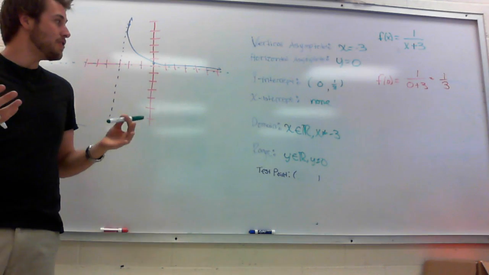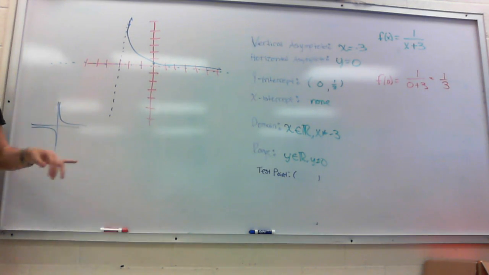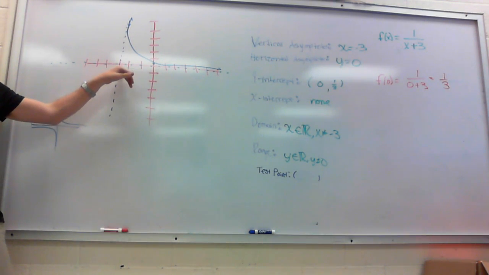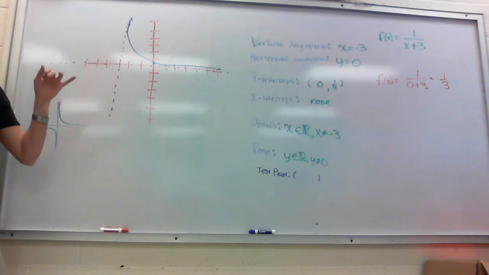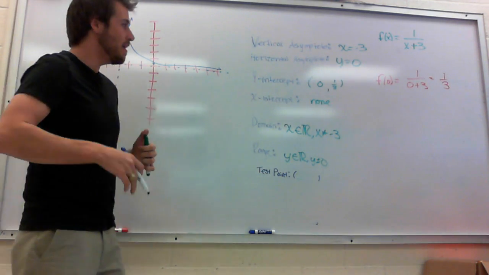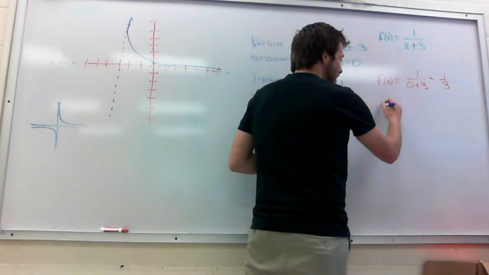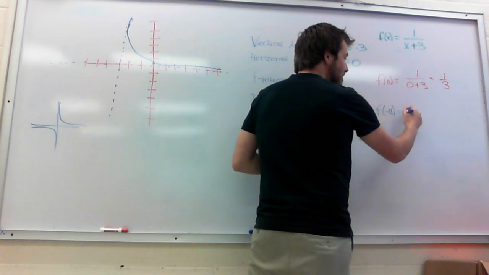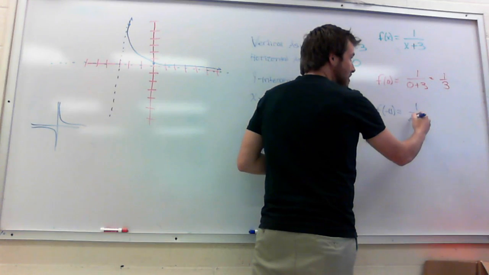And so I went ahead and chose something easy. The integer that's to the left, my vertical asymptote, is at -3. So I'll choose -4 as the one I want to try. So I'm going to find f of -4. I'll substitute a -4 into x.